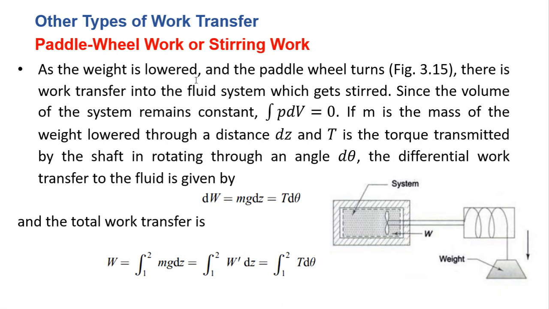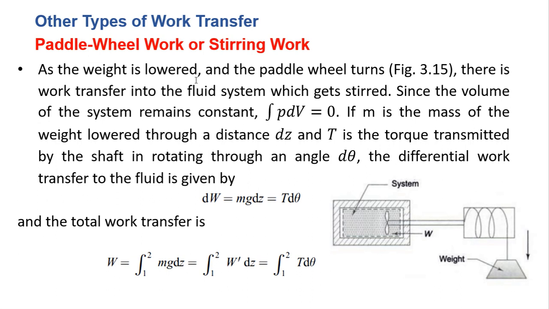Similarly, the stirrer is connected with a spring arrangement, and that is connected with the weight. Once you release the weight, it creates an inertia force that will rotate the stirrer. That is stirring the system, which is a closed system with constant volume.